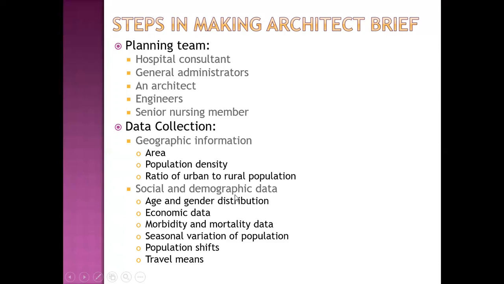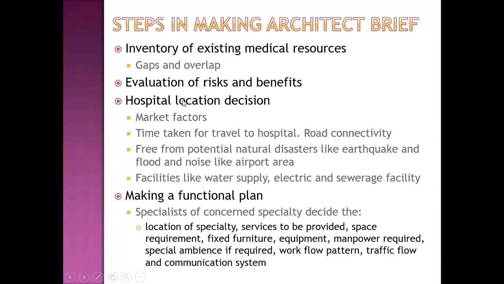Data on social and demographic details, that is age and gender distribution, economic data, morbidity and mortality data, seasonal variation of population, population shifts and travel means. Inventory of existing medical resources, that is gaps and overlap between various medical resources available to the community. Evaluation of risk and benefits.